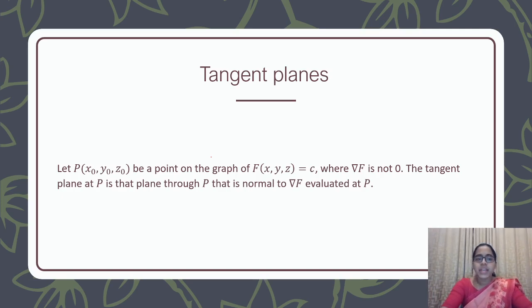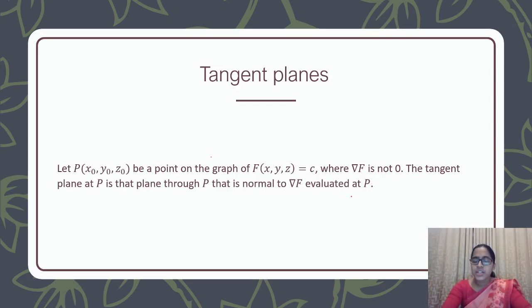Where grad f is not 0. So keep this point in mind, that is, grad f is not 0. The tangent plane at P is the plane through P that is normal to grad f evaluated at P.